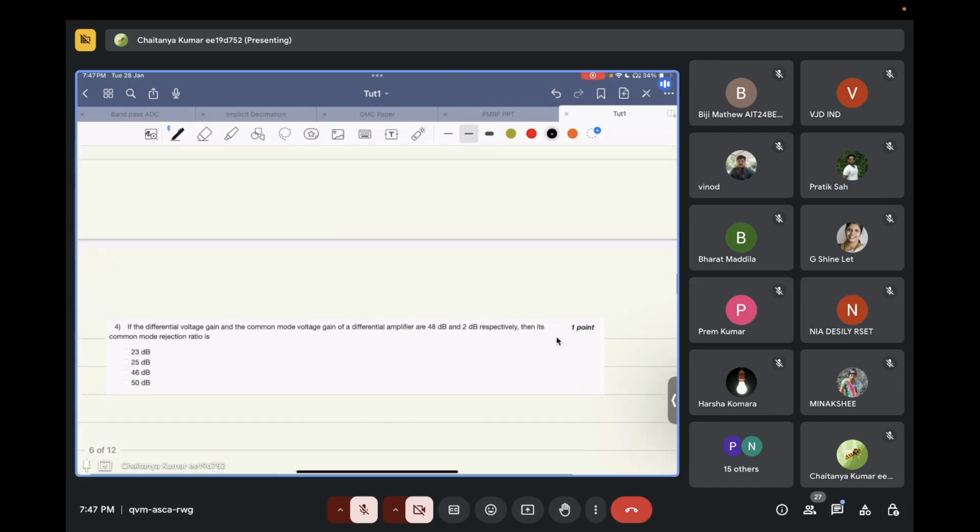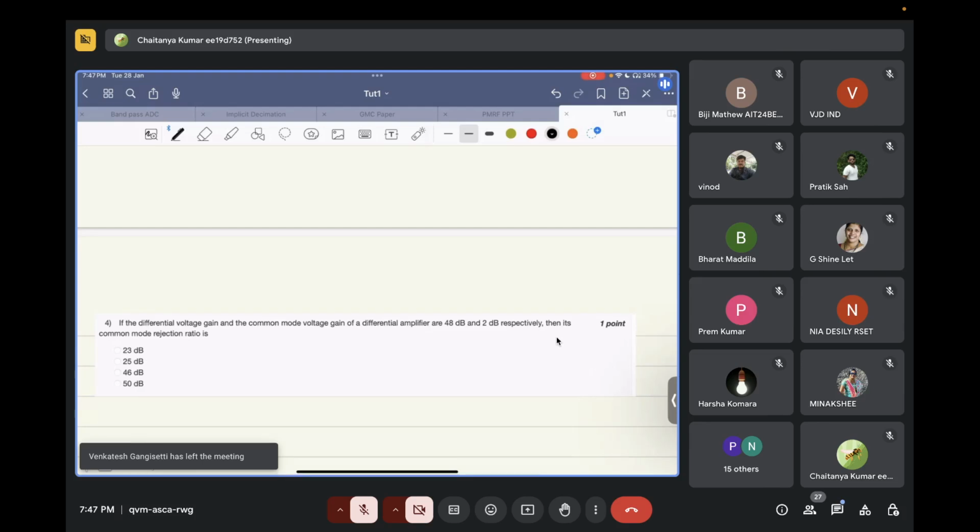So now this next question might be a little alien to some of you. It's asked that if the differential voltage gain and common mode voltage gain of a differential amplifier are 48 dB and 2 dB respectively, then what is the common mode rejection ratio?